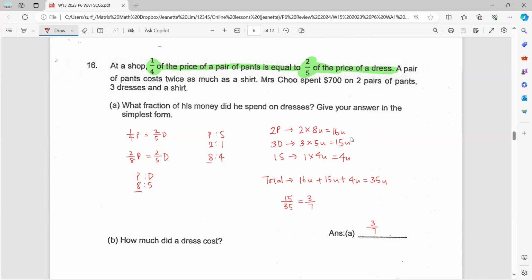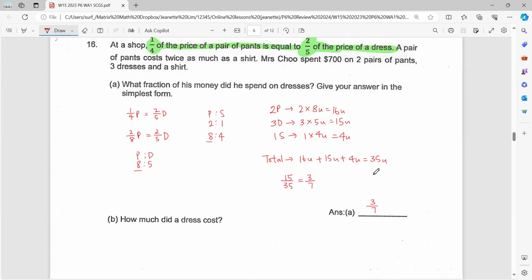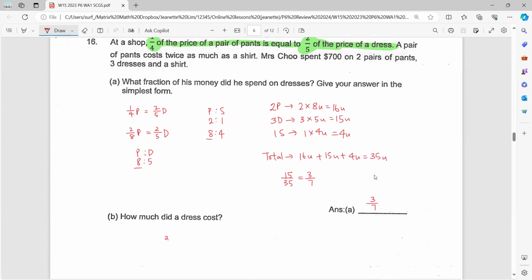Part B, how much did a dress cost? $700 is the total. So $700 is 35 units. One unit, 700 divide by 35, which is, sorry, $20.